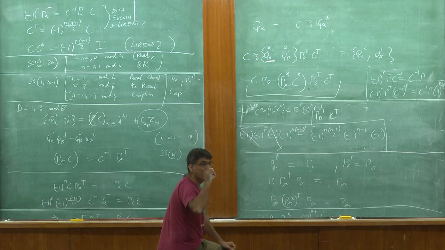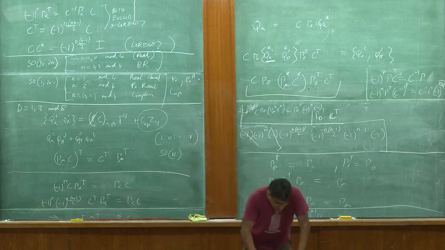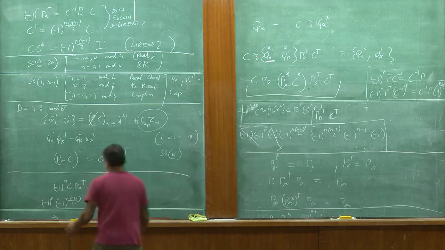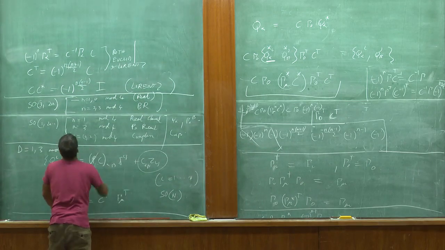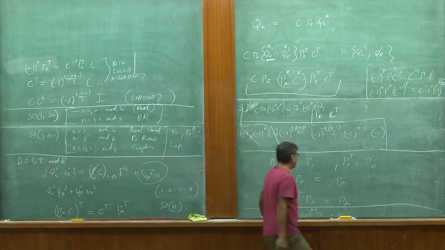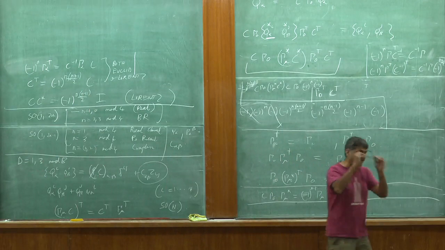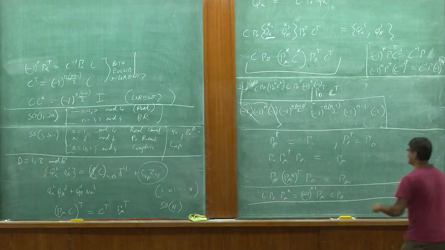Yes? Is CC star right? The thing between CC star and n into n plus 1 by 2 is n. That's the problem. Thank you, Siddharth. Okay, that cures everything, right? Because we get an extra factor of minus 1 to the power n.